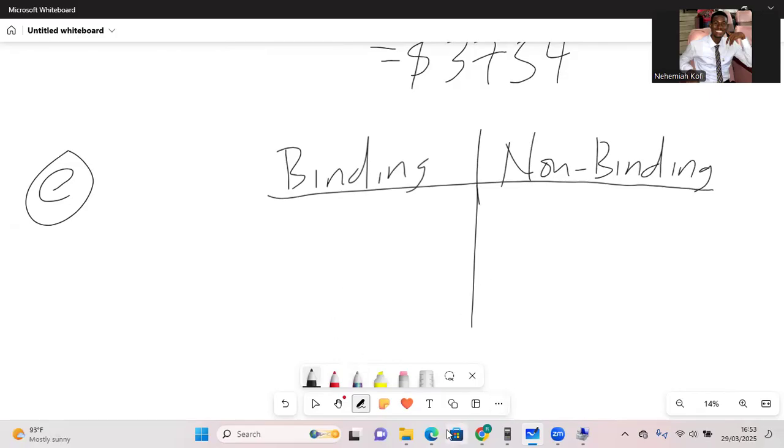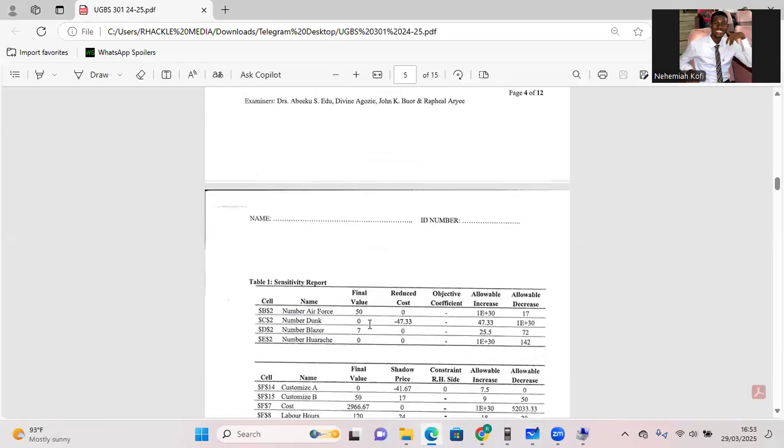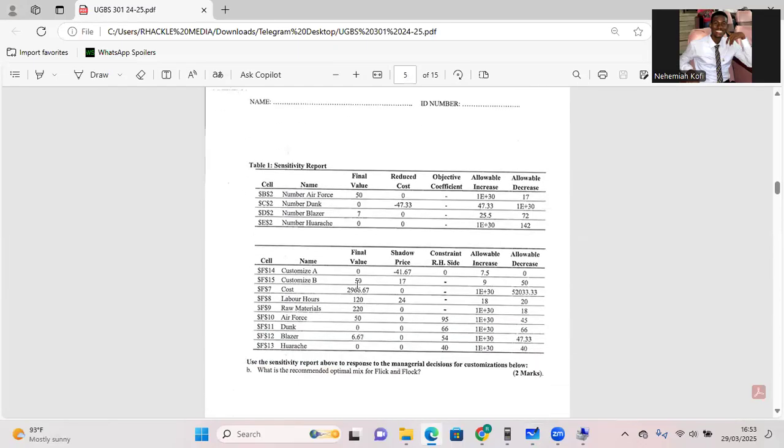So for the binding, what happens here is that you have to check on the constraint side of the sensitivity analysis and compare what you have. So you see what they've claimed here as the right-hand side constraint.